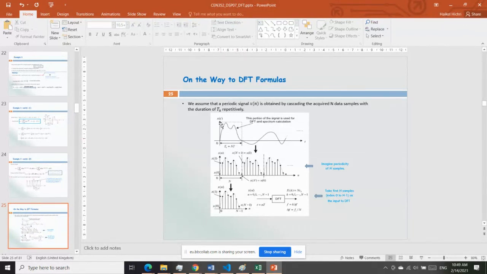So we're going to look at these n samples, and it's as if the sequence repeats itself: the same samples we took repeat, they're periodic. That's practically what we're doing in the computer. We cannot do more than that. And then we can apply the discrete Fourier transform, which will also be periodic.